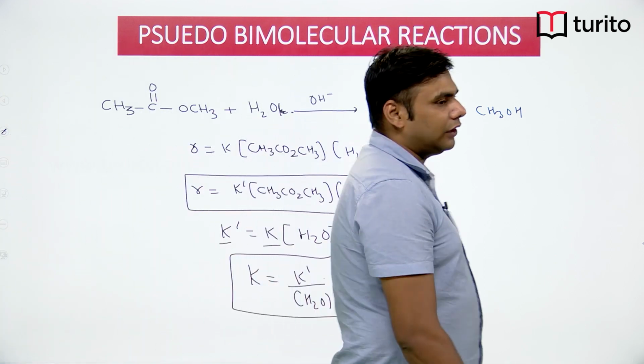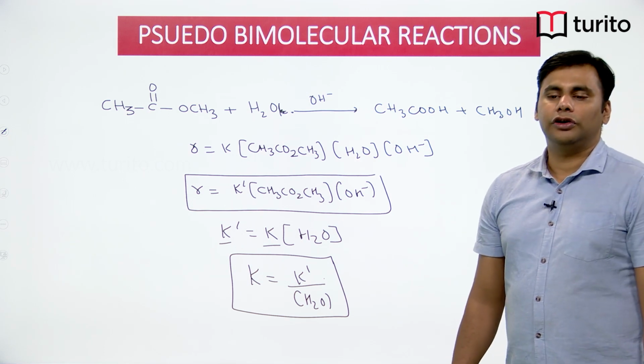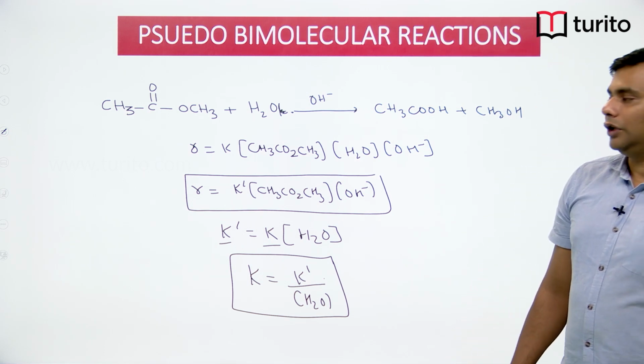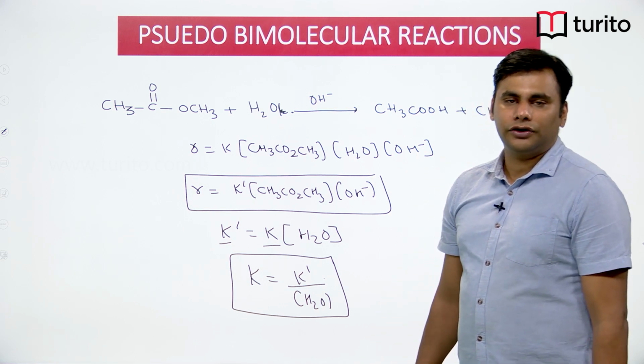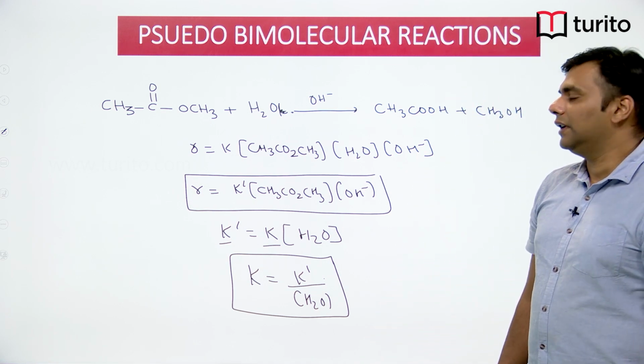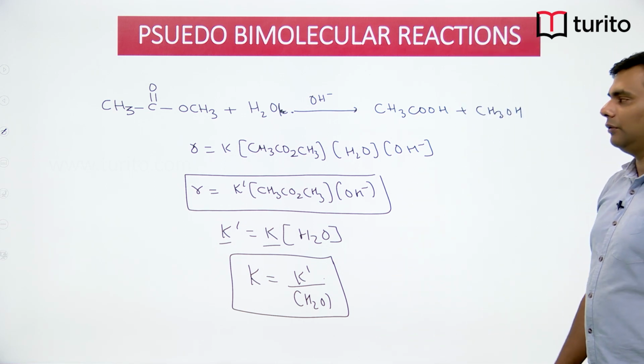Whatever is taken in excess amount, water generally, because it also behaves as a solvent, its concentration remains practically constant and is taken as a constant. So it is absorbed in the rate constant, and the pseudo rate law is written accordingly.